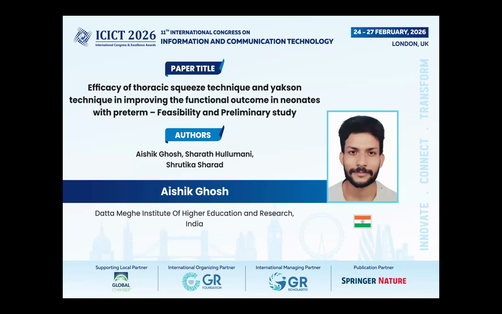Moving on. For the third paper, we have Efficacy of Thoracic Squeeze Techniques and Naxon Technique in Improving the Functional Outcome in Neonates with Preterm and Feasibility and Preliminary Study by Ashik Ghosh and Sharad Hulumani along with Shrutika Sharad.